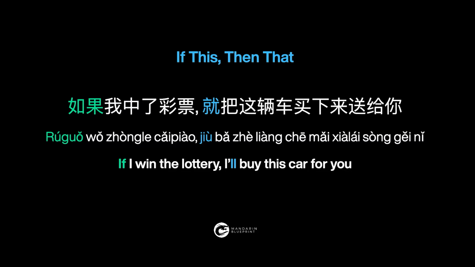And by the way, this is a very useful usage of the character 中, because it's normally pronounced 中, but when you hit a target of some kind, whether it's in darts or like hitting the lottery, it's pronounced 中. So 中彩票 would mean to win the lottery. So what's the condition here? What's the hypothetical? The hypothetical is I win the lottery. And so in that context, sure, I'll buy this car for you, right?